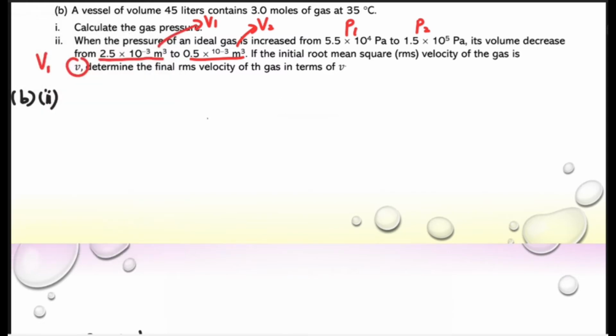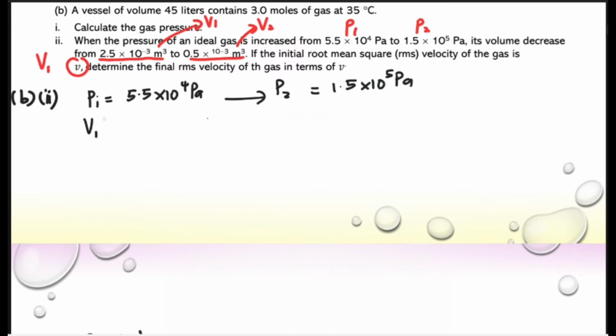Alright, so for B2 we have P1. We write P1 is equal to 5.5 exponent 4 Pascal. And then we have P2, 1.5 times 10 to the power of 5 Pascal.